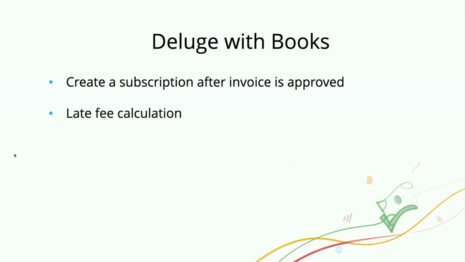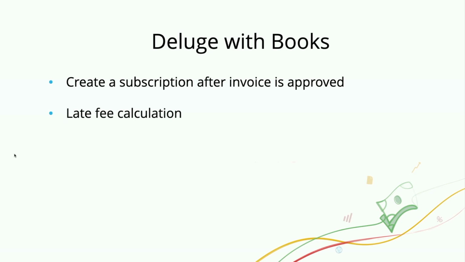So a couple of ways that you can extend your usage of Books with Deluge. We can create a subscription automatically once an invoice is approved. So if you are selling subscriptions of any kind, you can send out the invoice for the subscription. Once it's been approved, then that can automatically create a subscription record over in Zoho Subscriptions. So you don't have to manually go through the process of creating that.